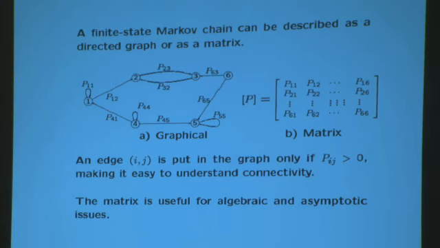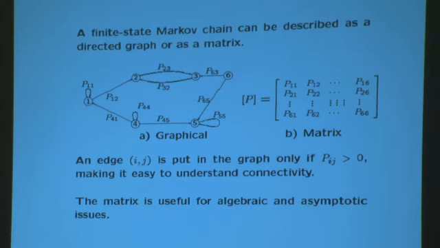If you're doing things by computer, usually computers deal with matrices more easily than with graphs. If you're dealing with a Markov chain with 100,000 states, you're not going to look at the graph and determine very much from it, because it's typically going to be fairly complicated, unless it has some very simple structure. And sometimes that simple structure is determined.